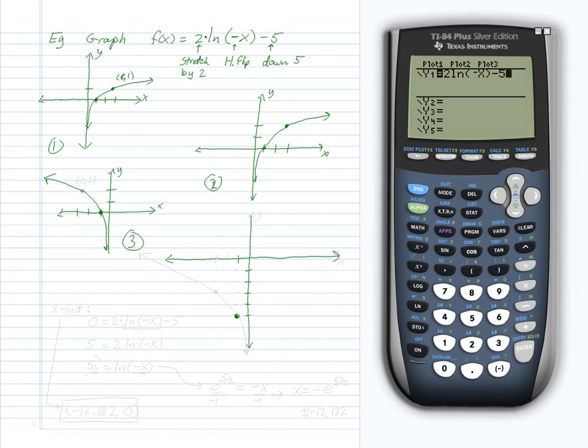Our second point, (-e, 2), will be shifted down; 2 minus 5 will bring us down to -3.